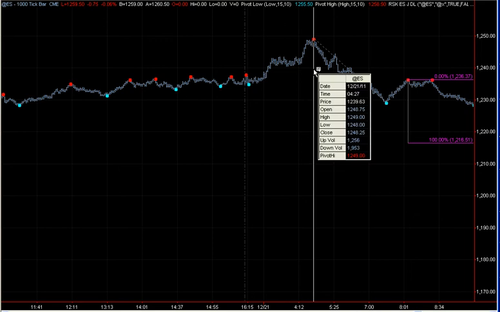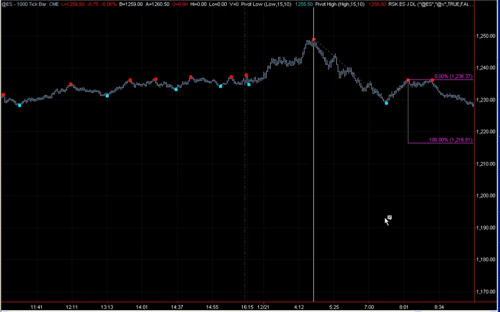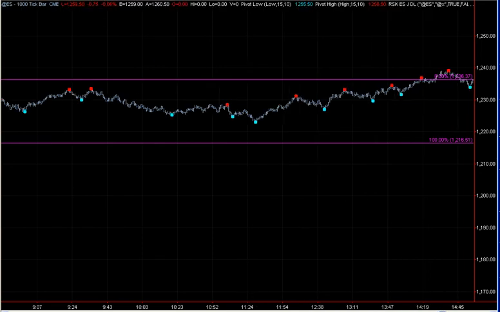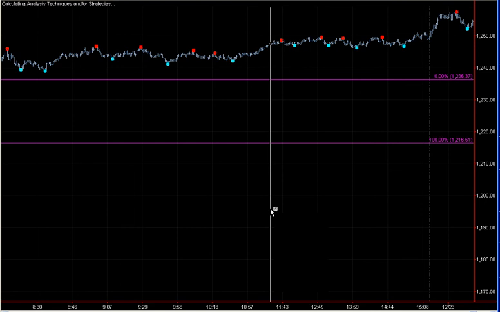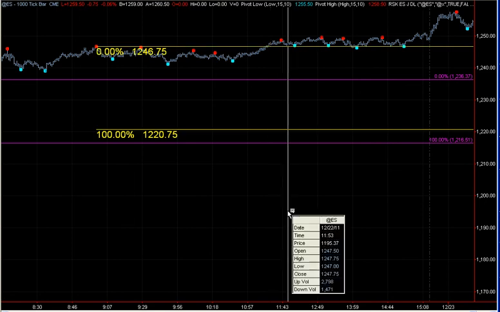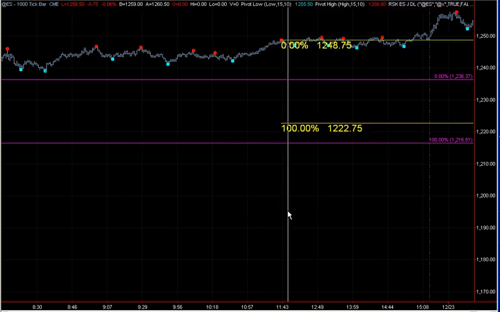So if we go higher than 1249, we'll ultimately need to cancel that setup. Hasn't happened yet, but we're getting very close. So right here, we're going to cancel this setup because we're now greater than our original point A.